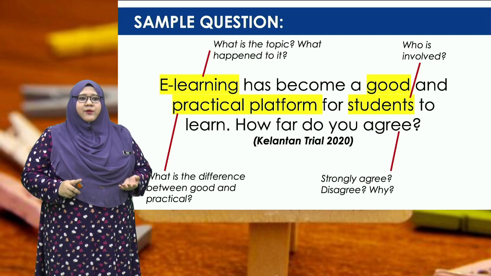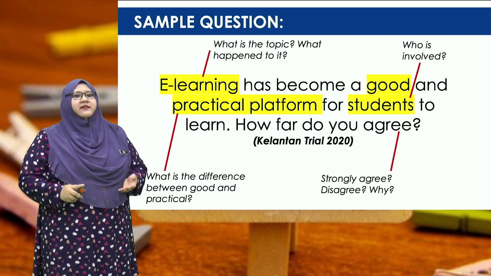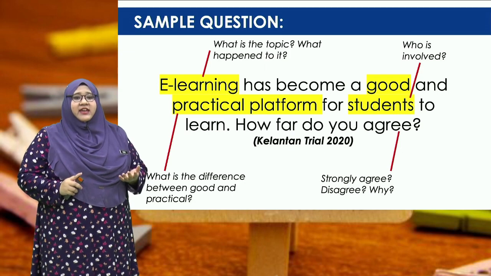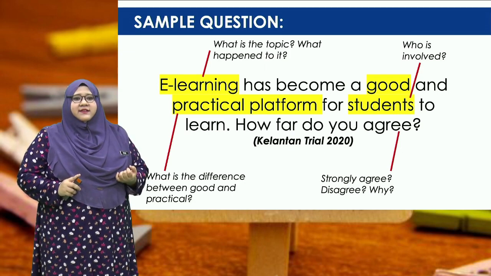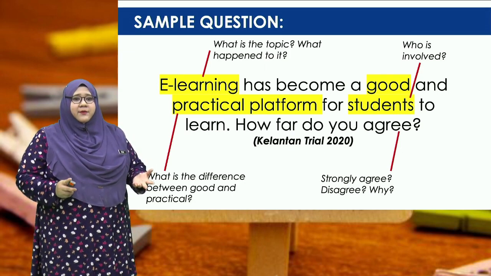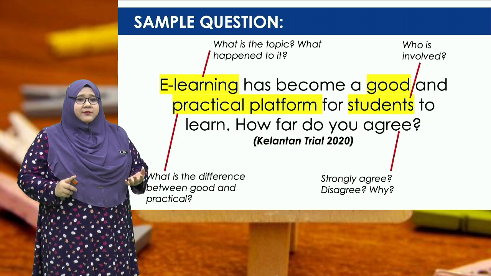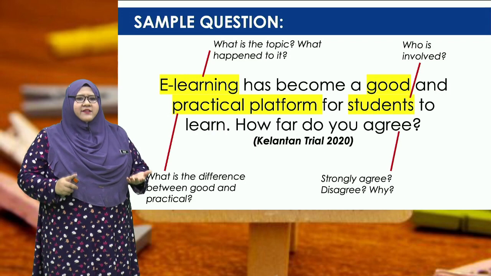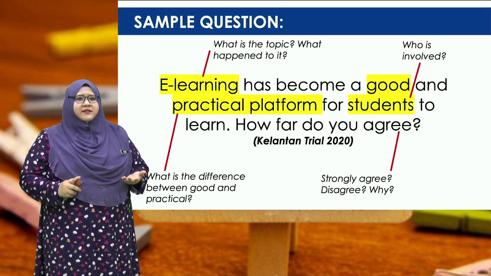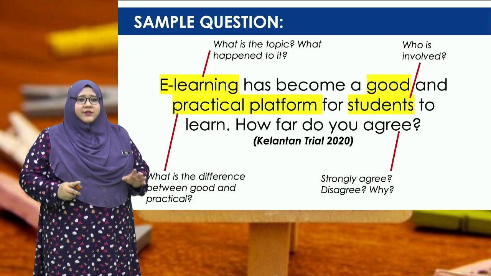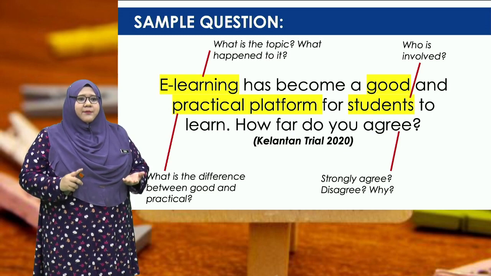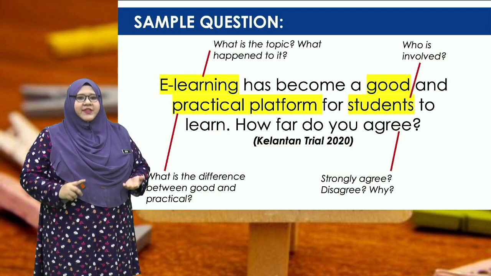Okay, so when you look at the question, as I've said before, always highlight the key points. So what is the topic? What is the main topic? The topic is about e-learning. So what happened to it? It has become a good and practical platform. Not only good, but also practical. So you have to address both things.